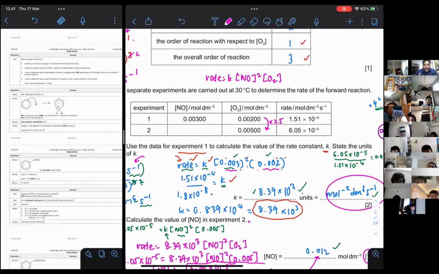Now, according to here, we know this is going to be a first order reaction. So Owen, from here to here, if that is first order, this one must times how many, if you times 2.5? No need to think actually.